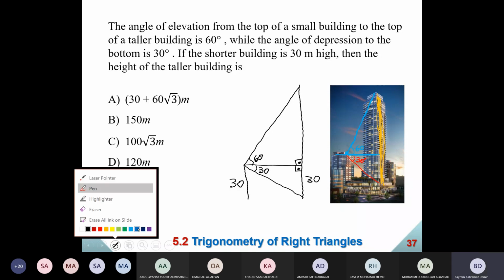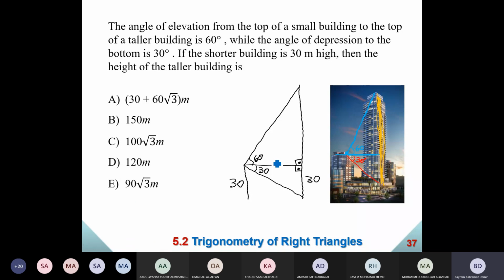Let's put x here, and let's put y here, and use the little triangle first. Can I find the value of x? Which function shall I use? Tangent, perfect.